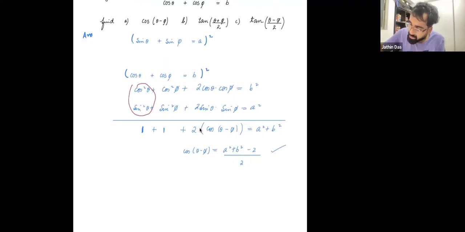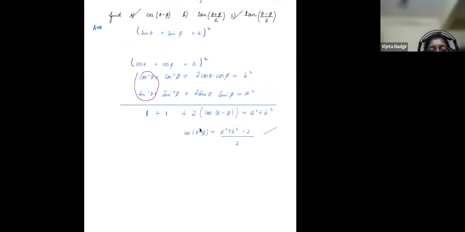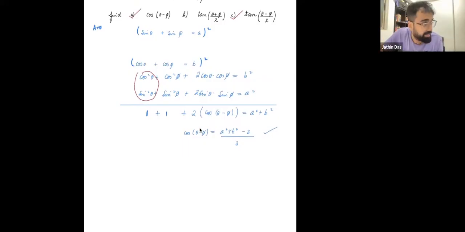If you have done this, then do not go for B, try for C. C is easy because tan and cos are in the same form. Just today I told you tan of half angle you can write only in cos.